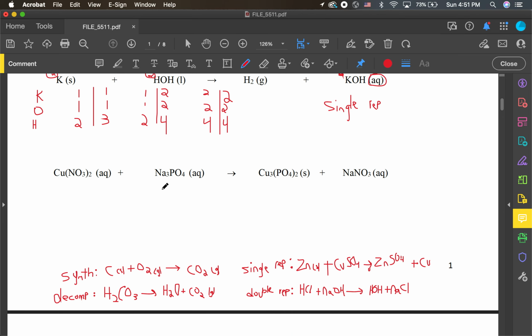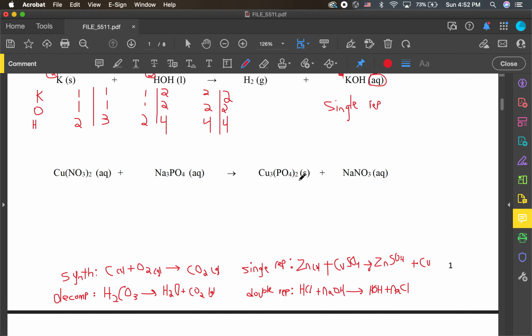Okay, this one right here. So we can kind of look at these again. The first thing you want to look at is what's happening here. So you've got copper, you've got this molecule right here, then you've got sodium, and then you've got this molecule right here, the PO4, and those are reacting to give you the copper and the PO4, and it's giving you the sodium and this nitric oxide molecule here.